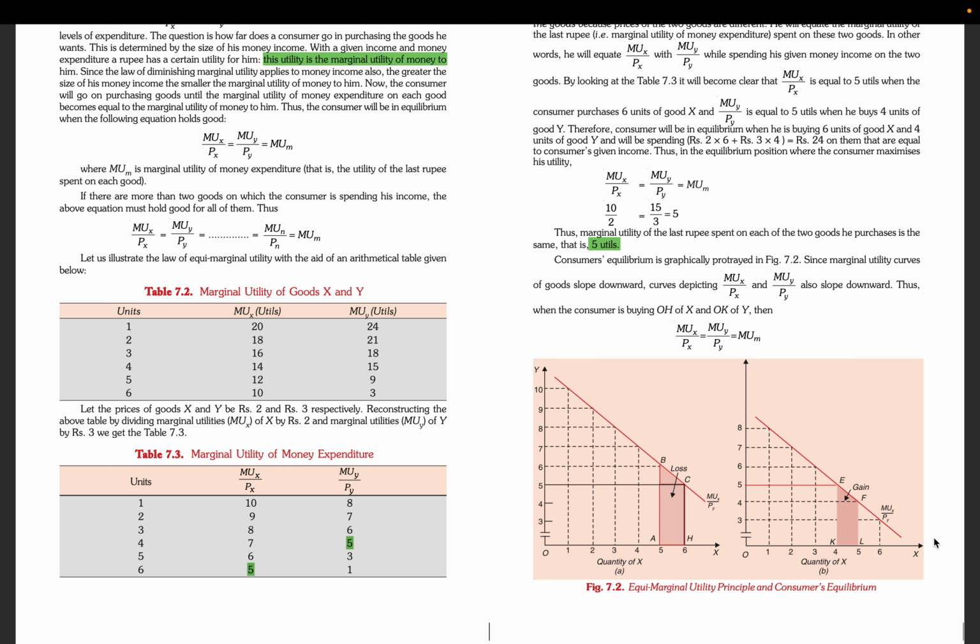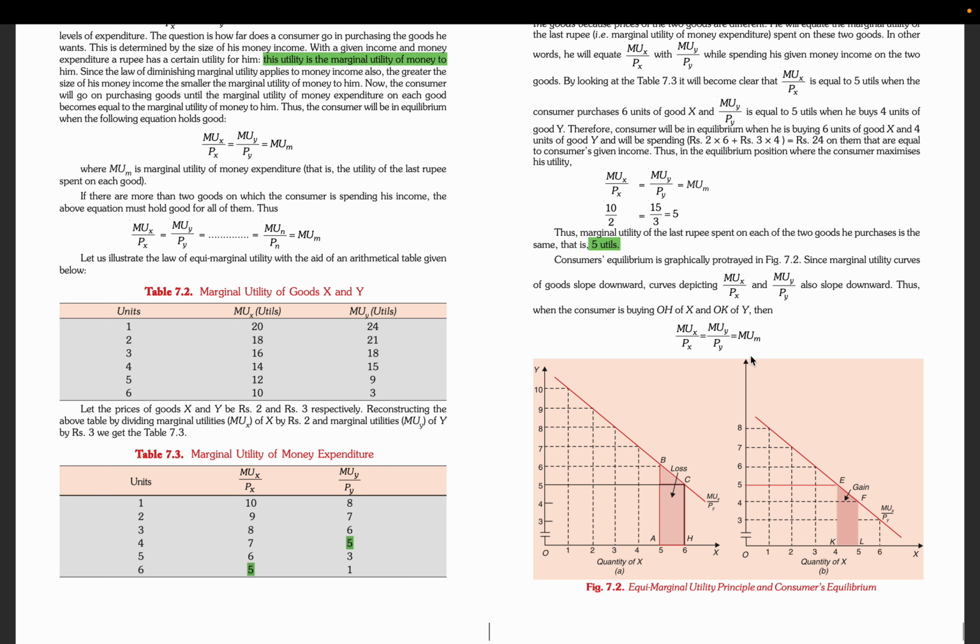Thus, when the consumer is buying OH of X, which is 6 units of quantity X, and OK of Y, then MU of X by PX is equal to MU of Y by PY, which is what we just sought after, right? That of 4 units of good Y and 6 units of good X.